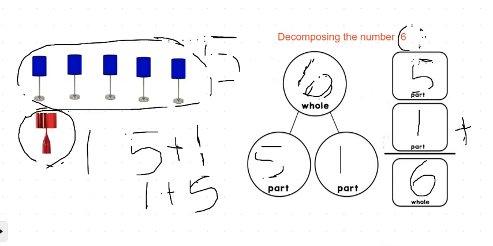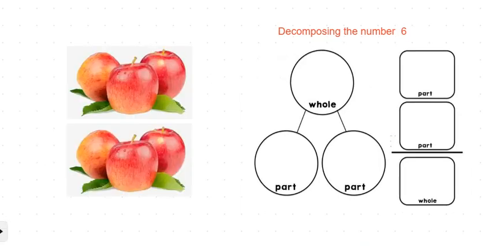Now let's look at another one. Do you see a pattern here? What do you see? Did you just say 3 and 3? If that's what you said, you are right.